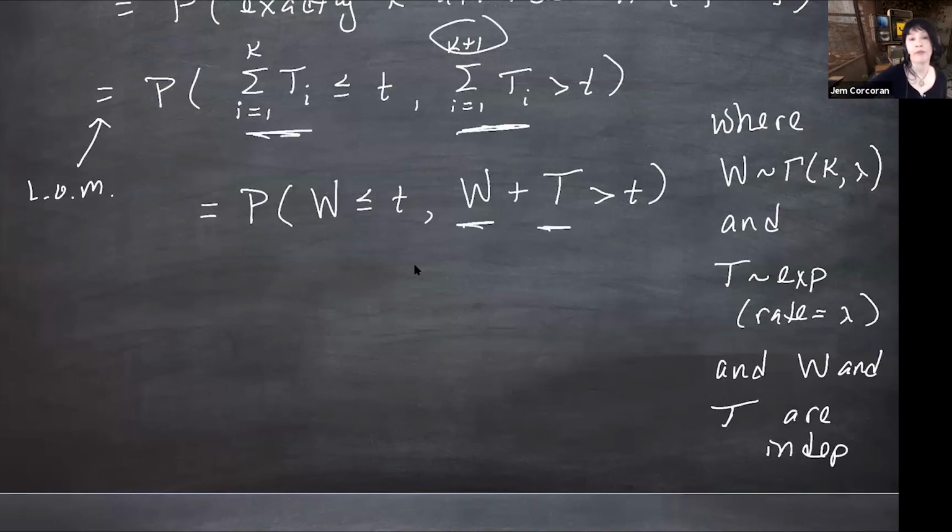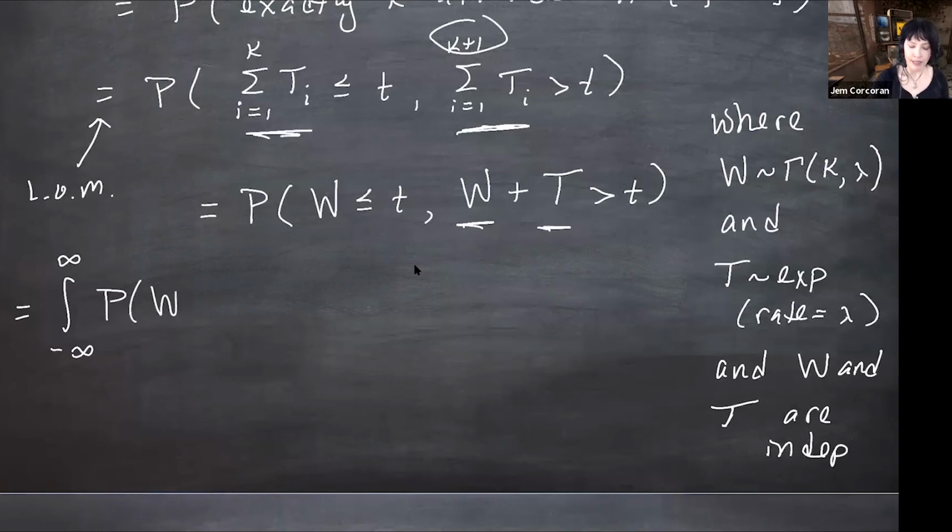So to find this probability, I'm going to condition on one of these two random variables. And I'm going to condition on W as opposed to T. And I'll tell you why after I write a few more lines. You'll be able to see why I chose this one. So I'm going to write this as the integral from minus infinity to infinity, or if you want to go straight to 0 to infinity, you can, because the W only takes on values from 0 to infinity.